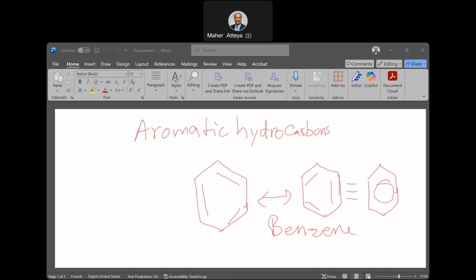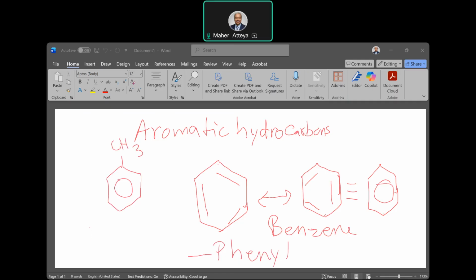Now, if it's attached to a main chain, it will be called phenyl. So depending on whatever you have there, correct? Suppose we have here one methyl group. That would be methyl benzene, correct?